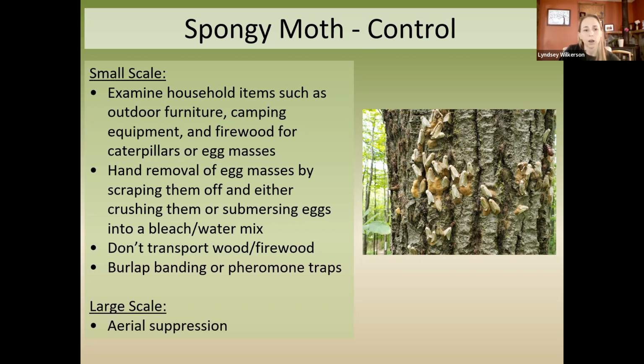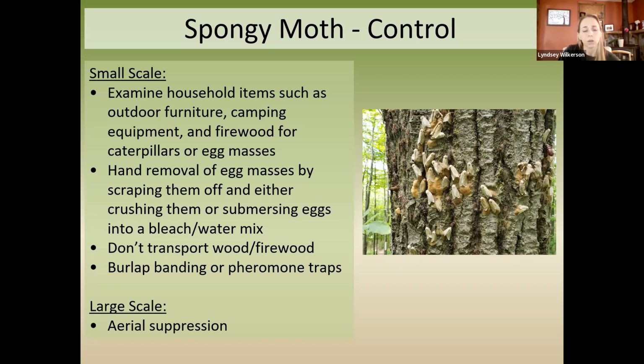And you want to take a credit card or a spatula and you want to scrape those off and dump them into a bucket of bleachy water or soapy water, or crush them underfoot. It is a very labor intensive process, but that is the best way for a small scale control of the spongy moth.